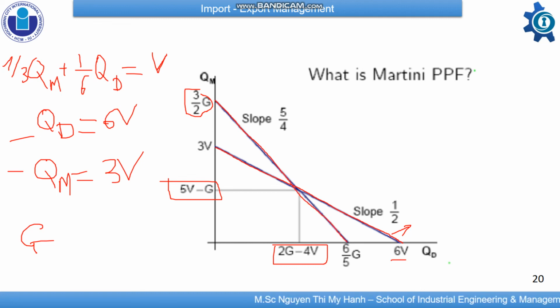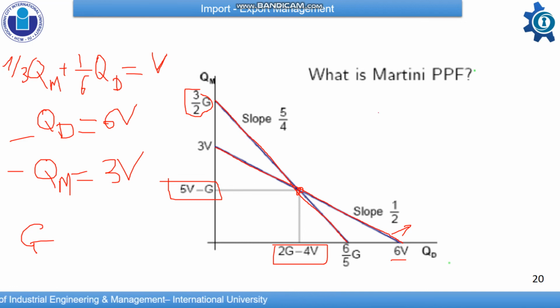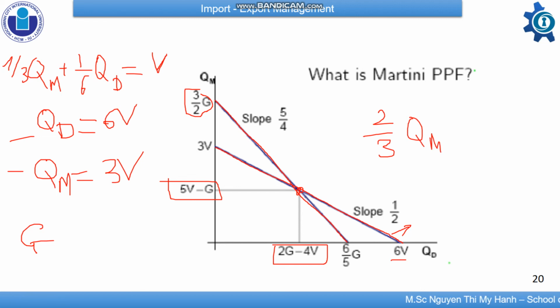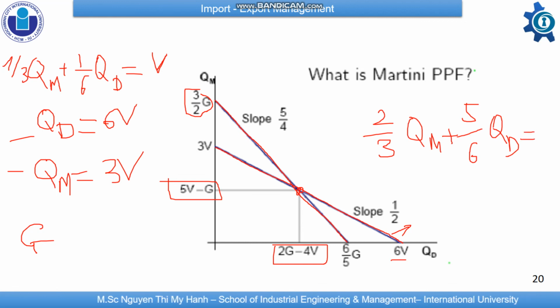Okay, in case some students still don't understand this part, I will write it down. That is the constraint for the gin, 2 over 3 QM plus 5 over 6 QD is equal to the fixed supply for gin, right?